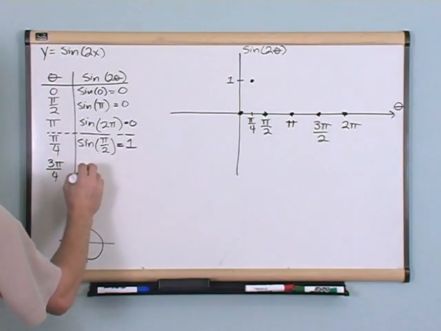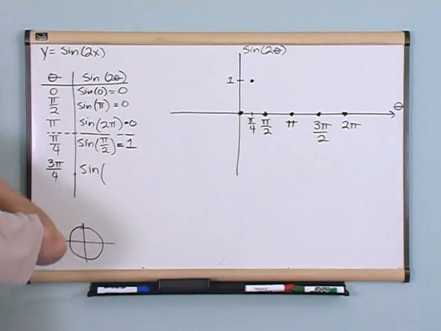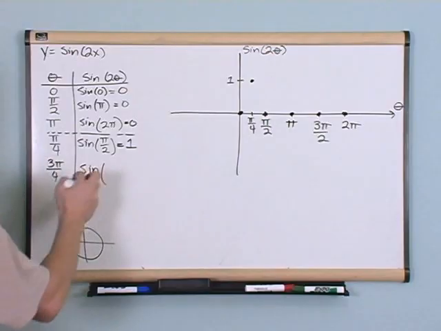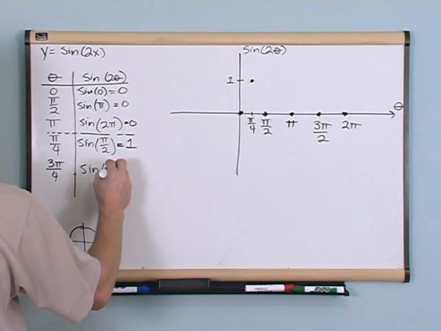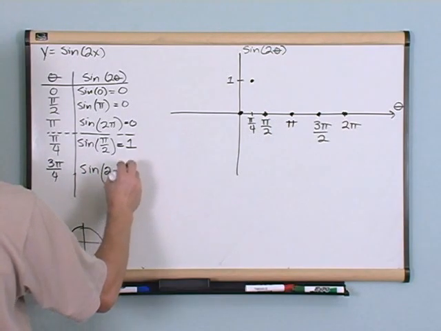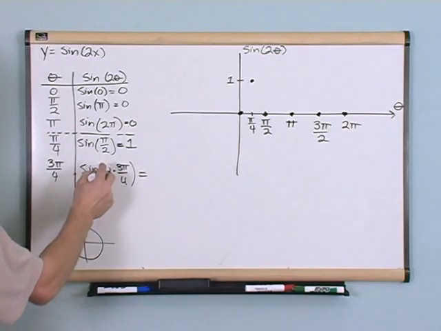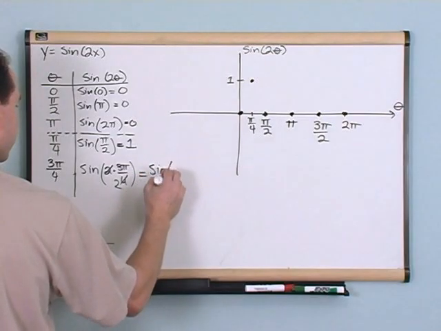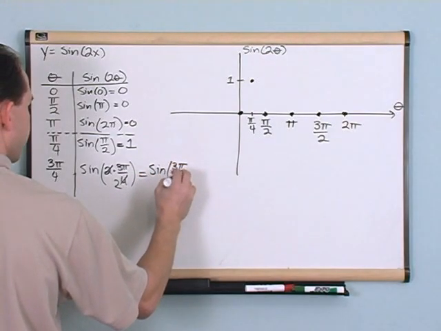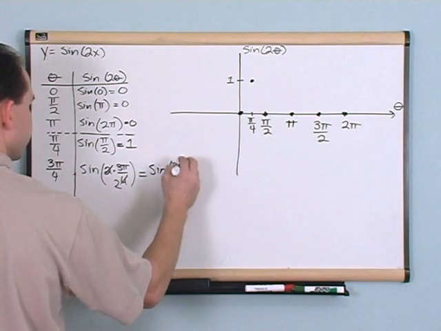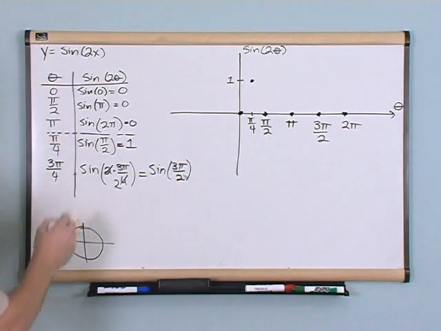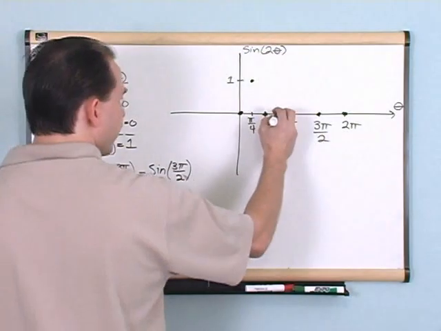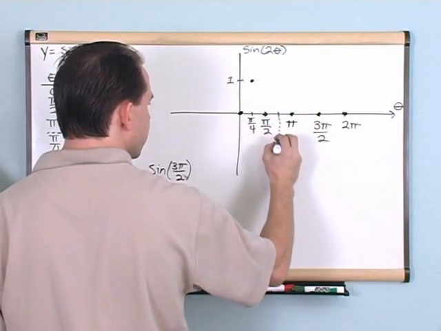Sine of 3 pi over 4, I need to multiply it by 2. 2 times 3 pi over 4, I'll just write it here. 2 times 3 pi over 4, okay, is going to be, this can cancel with this, with a 2. So this will be sine of 3 pi divided by 2. Okay, you see all I did was I multiplied this times 3 pi over 4, and kind of got something here. 3 pi over 4, I'll just draw a dotted line, is right here.